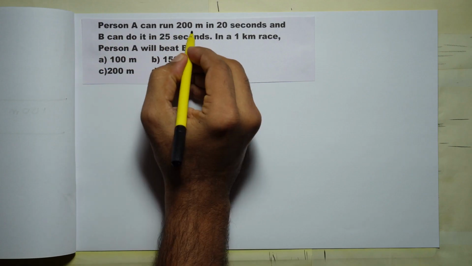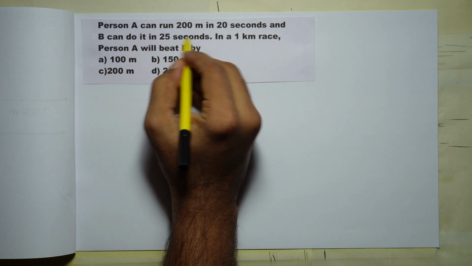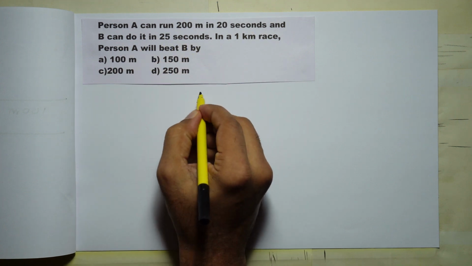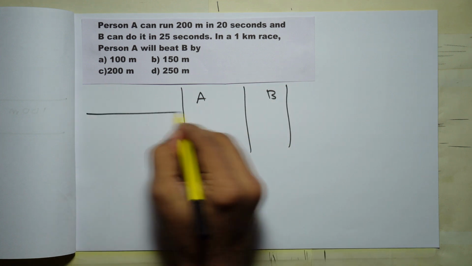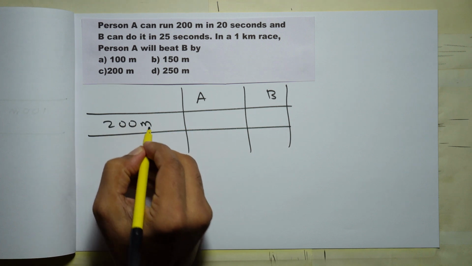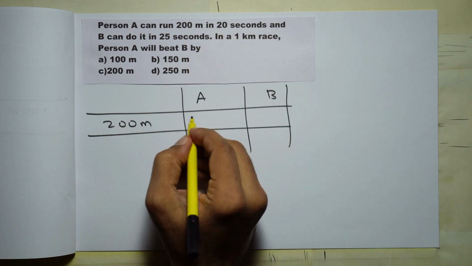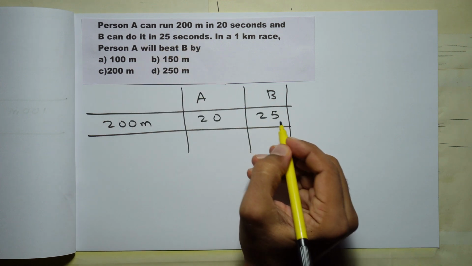Person A can run 200 meters in 20 seconds and B can do it in 25 seconds. So we'll just write down that data here. A can do 200 meters and A requires 20 seconds and B can do it in 25 seconds.